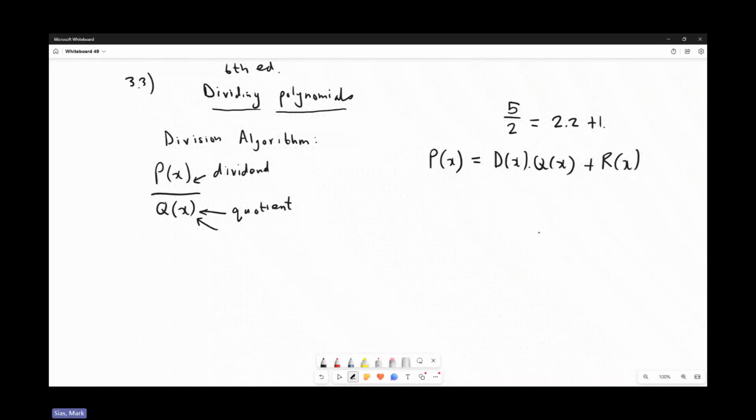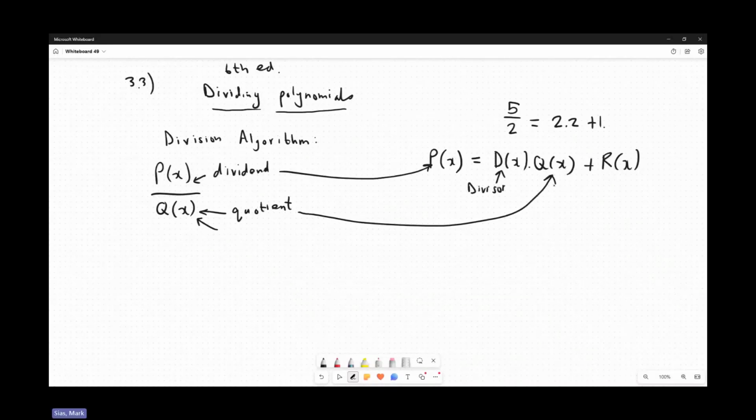So with polynomials, it's the same. So we have polynomials p of x, d of x, q of x, and r of x. Now, as I said, we call this one the dividend. We call this one the quotient. And this one here, the d of x, is called the divisor function, okay? Or just the divisor.